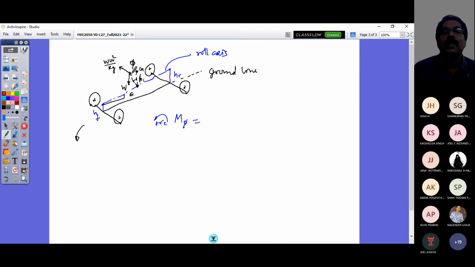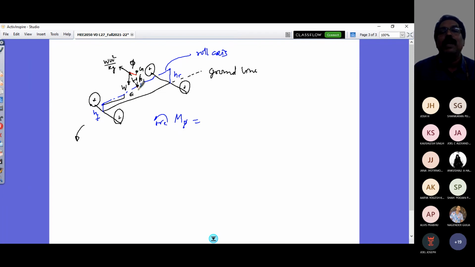This distance would be H1 sine phi. So this is H1 sine phi. And this distance, from here, would be H1 cos phi, right?